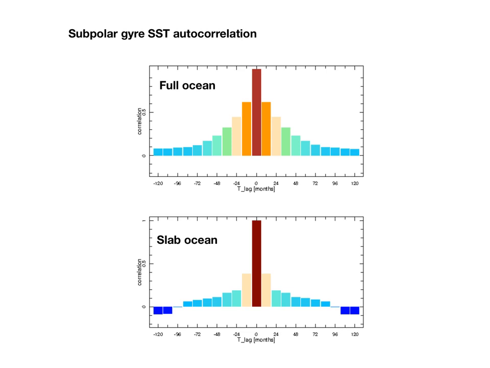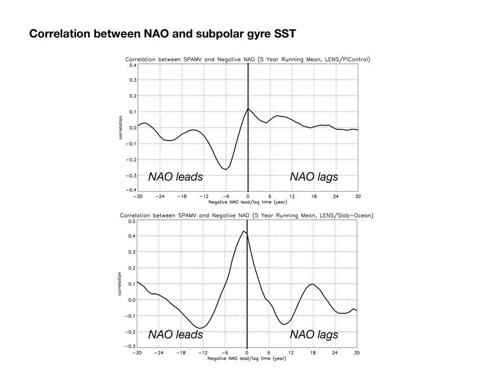So the next thing that we did is we looked at the relation to the atmosphere, and I will return to that in the following slides. What you see in those two diagrams is the lag correlation. The x-axis is in years, because we are using annual data in this whole study, and the y-axis is the level of the correlations.